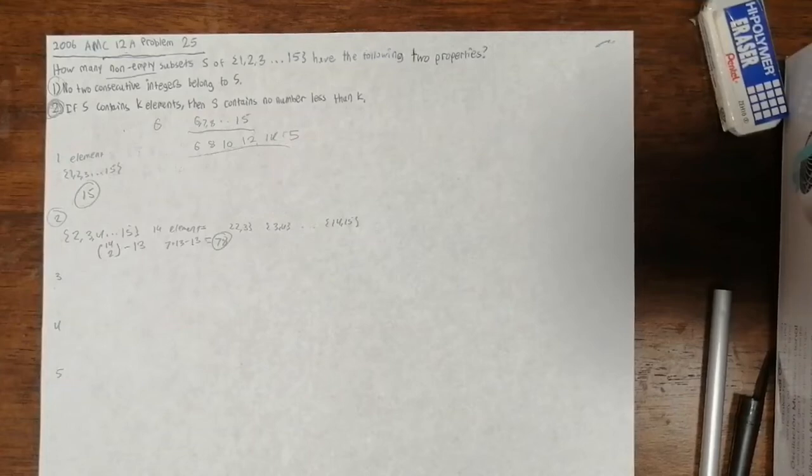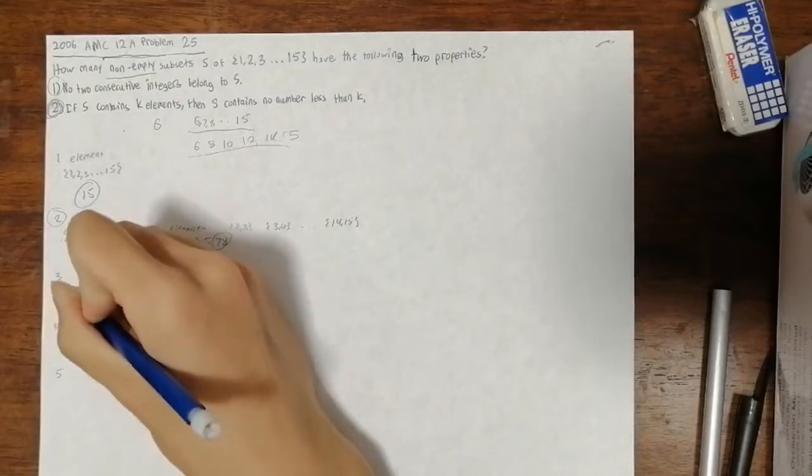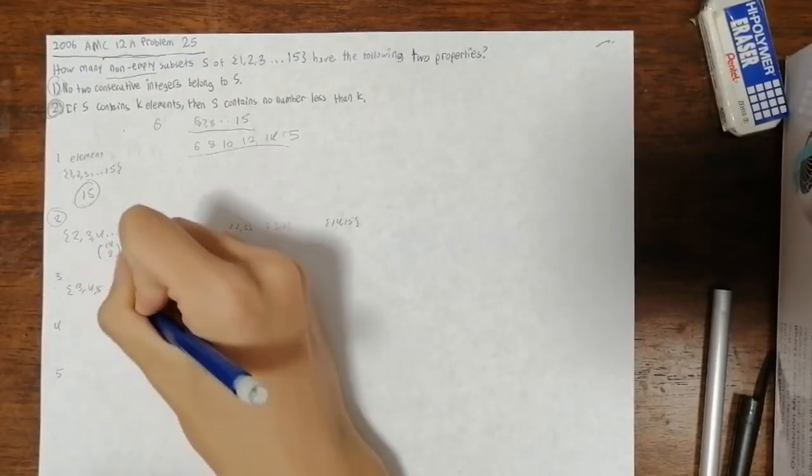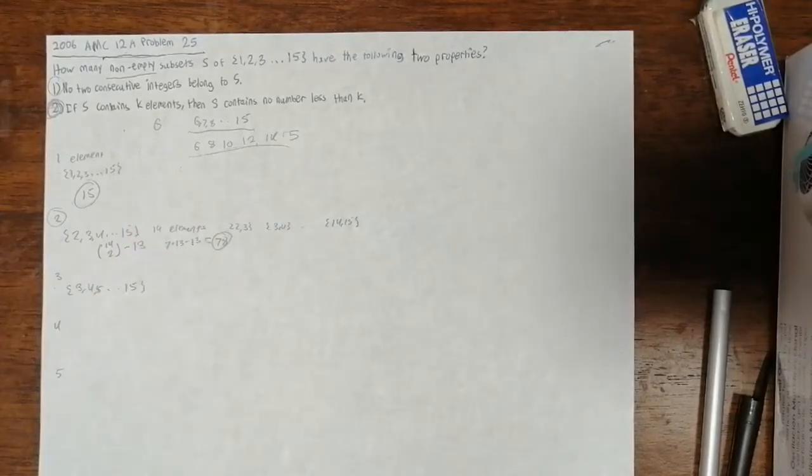Case 3, S contains 3 elements. So first, S must be a subset of the numbers 3, 4, 5 through 15. The way we can think about this is using a trick called stars and bars.